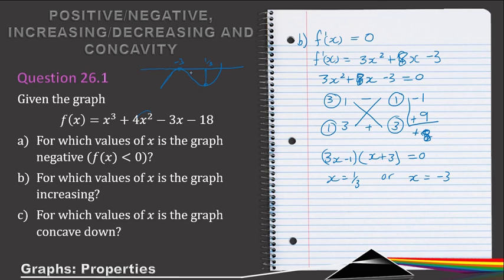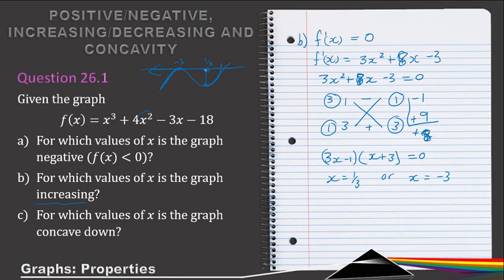1/3. Okay, so now from the turning points we can distinguish this is going up, this is increasing, then decreasing, then increasing, and we are interested in where it is increasing. So all the x values that are less than -3 are actually from left to right increasing. Then again we're going down, and then here increasing.